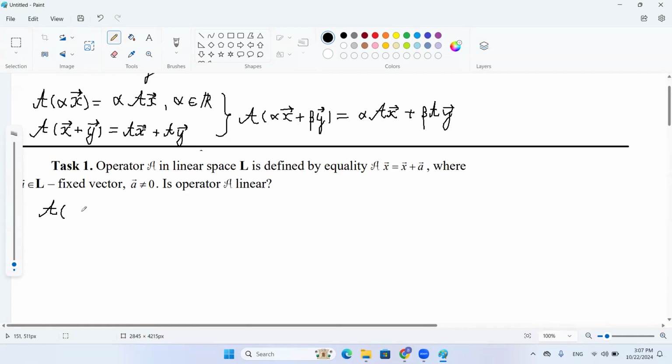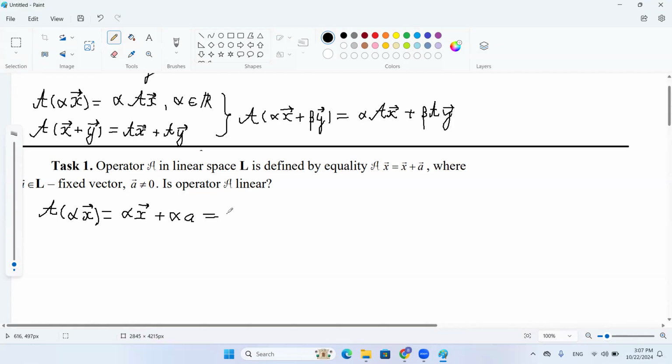So if I do the next, basically it will be equal alpha x plus alpha a.